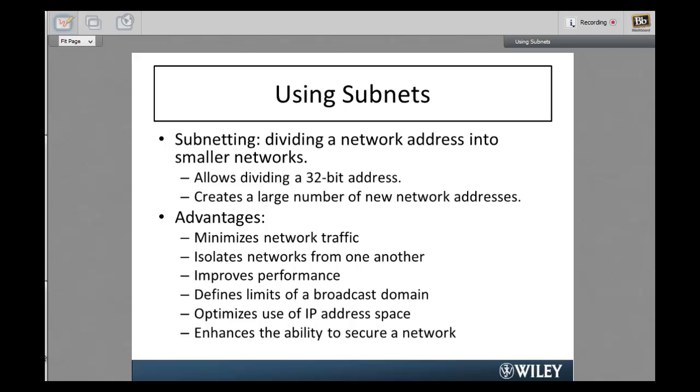Its advantages: it minimizes network traffic, because you will have logically separated networks. It isolates networks from one another, improves performance, defines the limit of the broadcast domain, optimizes use of IP address space, and enhances the ability to secure a network. So subnetting means dividing the network into many networks and dealing with them after that.